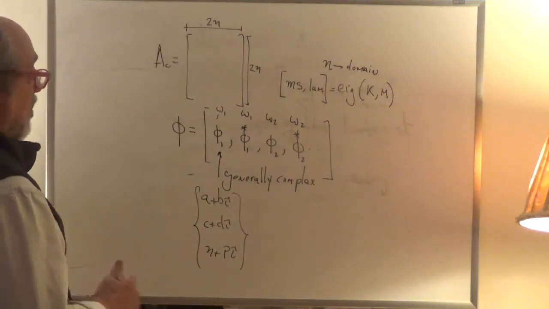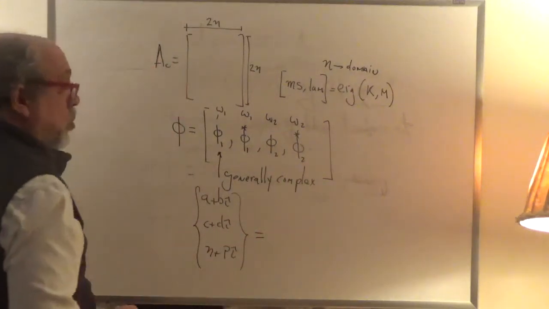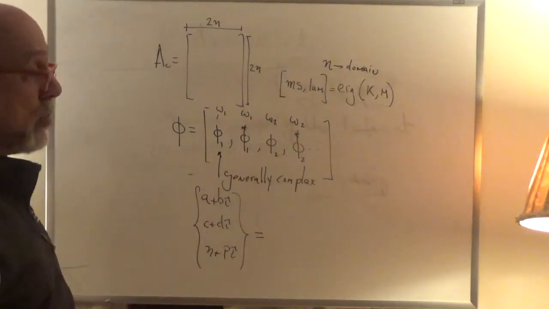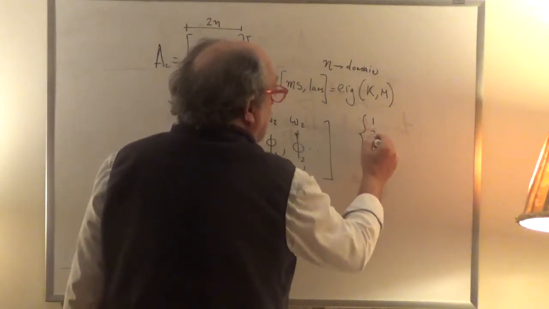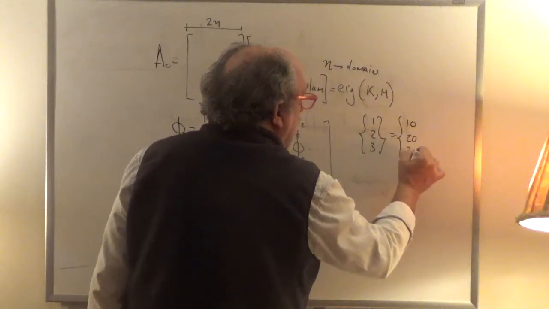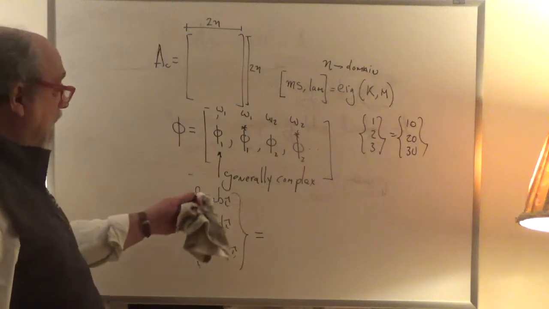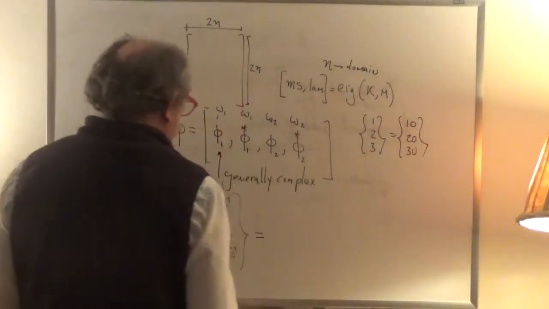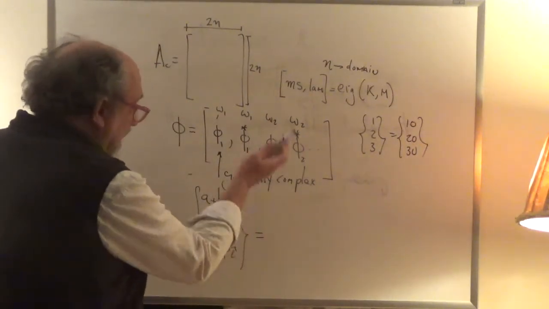Now, if we have a complex mode shape, remember that a mode shape is just a shape, it is not specific values. So just like a mode shape 1, 2, 3 is the same thing as 10, 20, 30, because it's just the shape that matters, you can also take a complex number. Here you could take 10 outside and look at them to be the same. So here you could take any complex number outside and just divide by it, right?